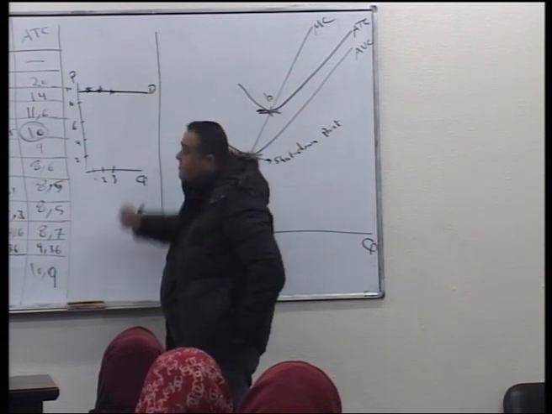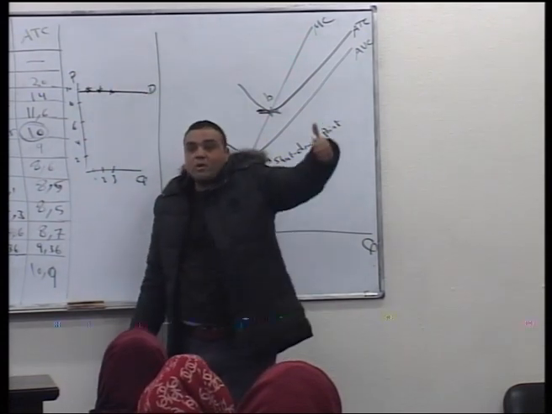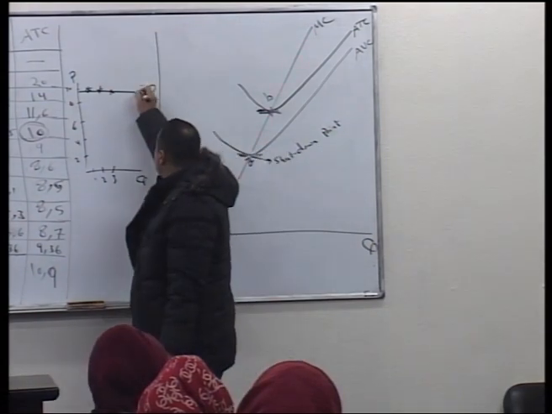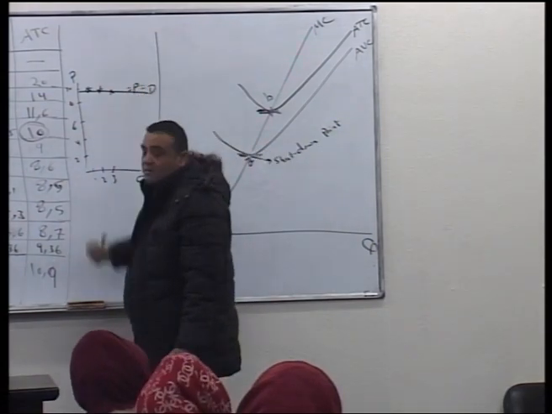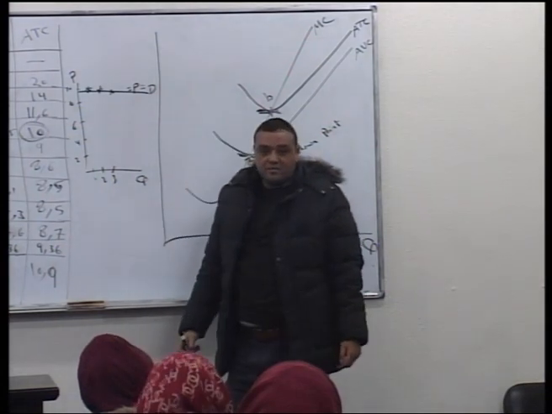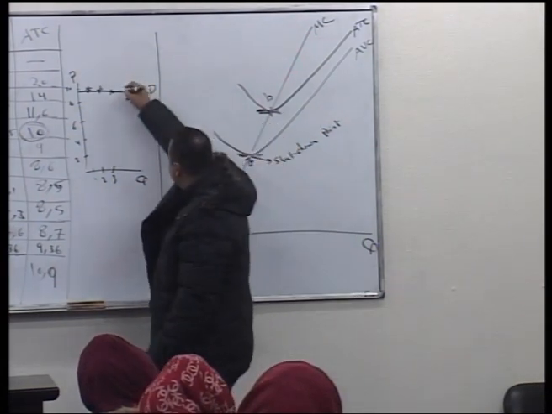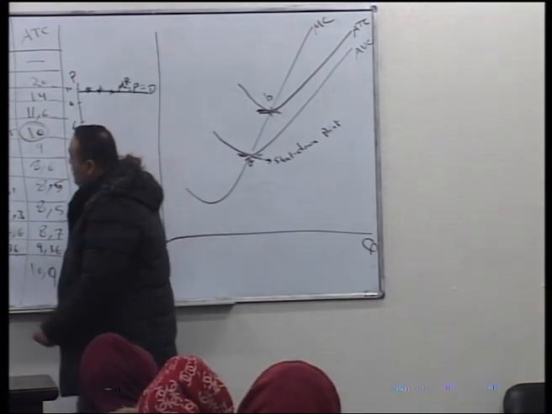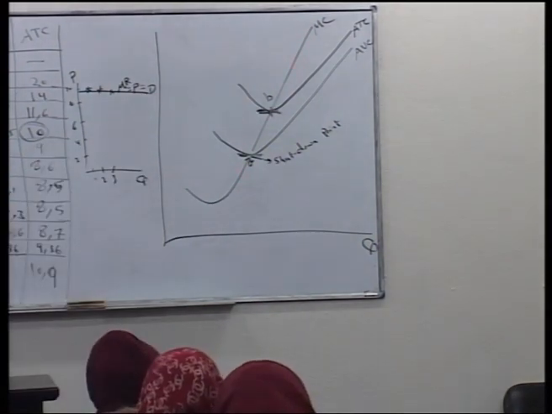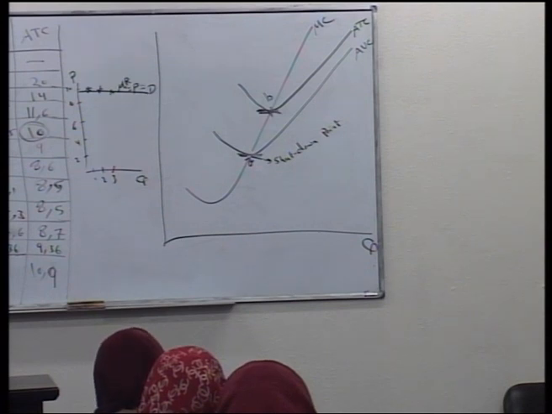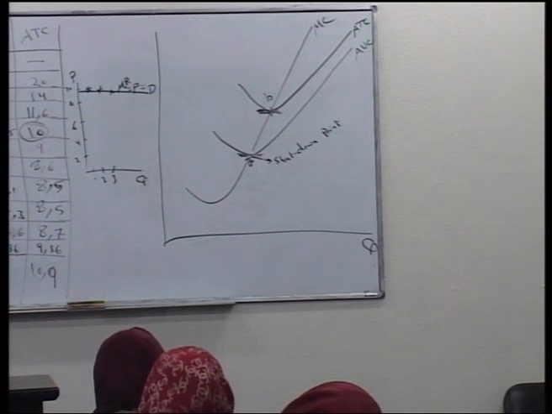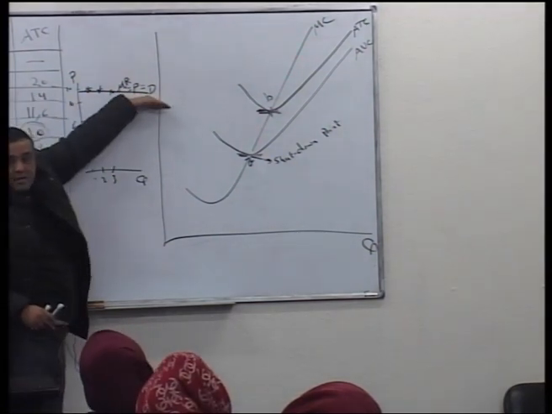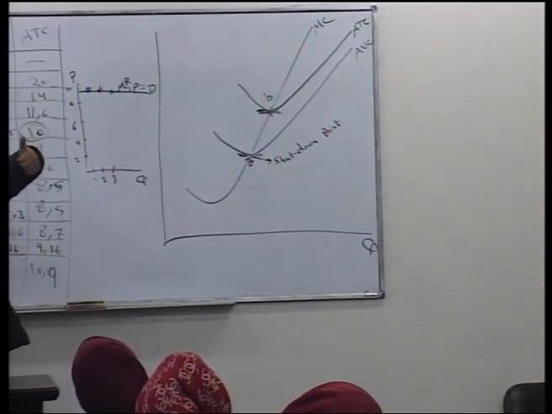This is the demand curve. It equals the price, and it equals marginal revenue. Marginal revenue is fixed: at Q equals 1, marginal revenue equals 10; at 2, 10; at 3, 10. So this is the price, or the demand curve, in the perfect competition market.